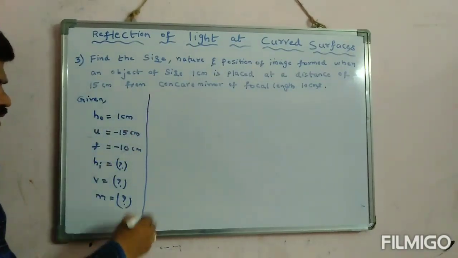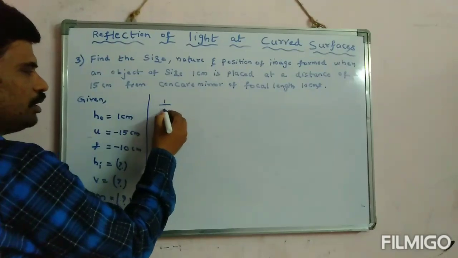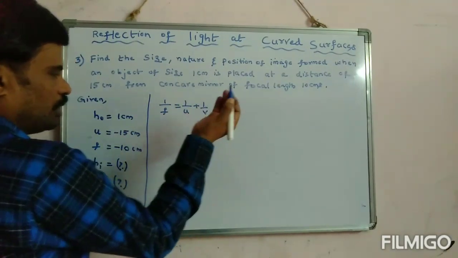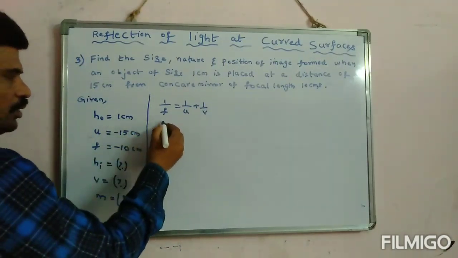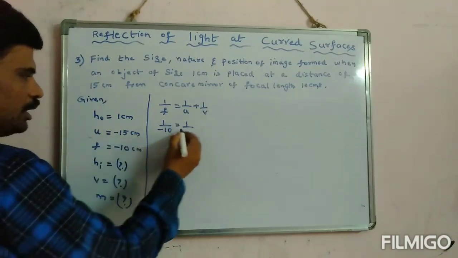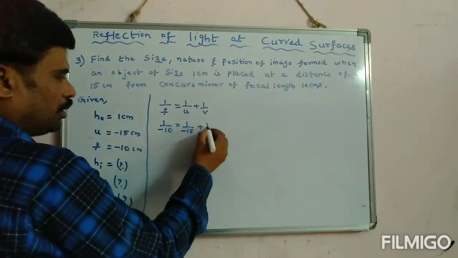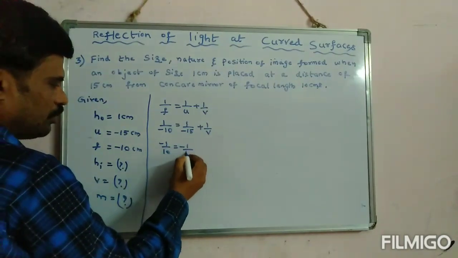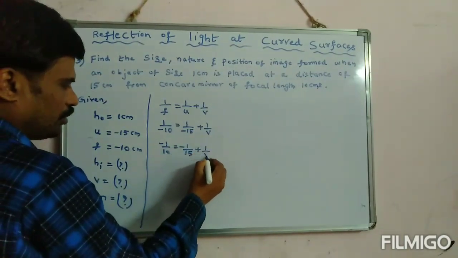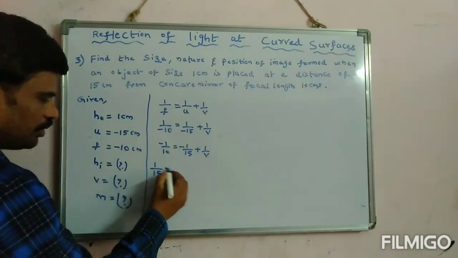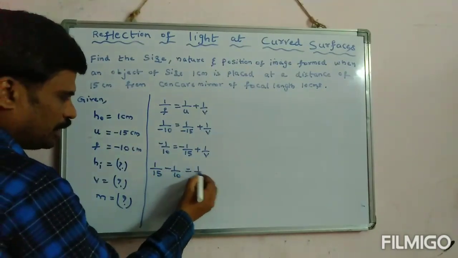Okay, let us solve the problem by using the mirror formula: 1/f = 1/u + 1/v. Let us substitute the values. 1/(-10) = 1/(-15) + 1/v. Minus 1/10 = minus 1/15 + 1/v. Sending this value to this side, it will become +1/15 - 1/10 = 1/v.